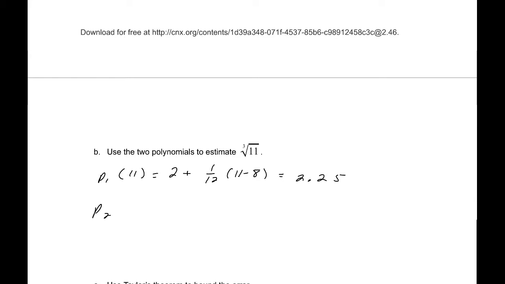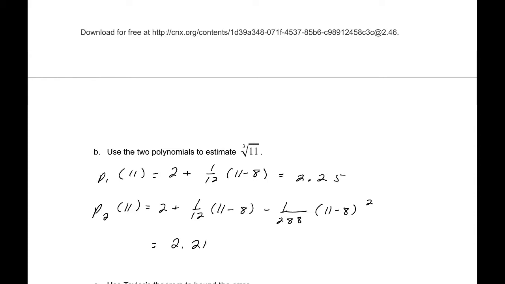So P2 of 11 is 2 plus 1/12 times 11 minus 8, plus, actually in this case it is minus 1 over 288 times 11 minus 8 squared. And that is equal to 2.21875.